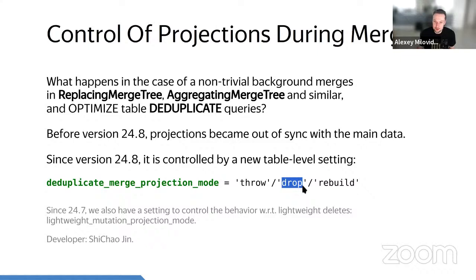Drop will invalidate the projection when the main data is modified, and rebuild. Like the heaviest option, it will construct this projection from scratch. And you will get the consistency of projections with respect to the main table.